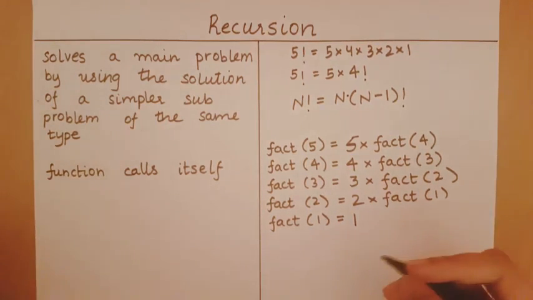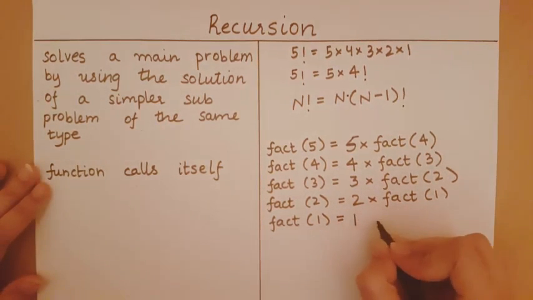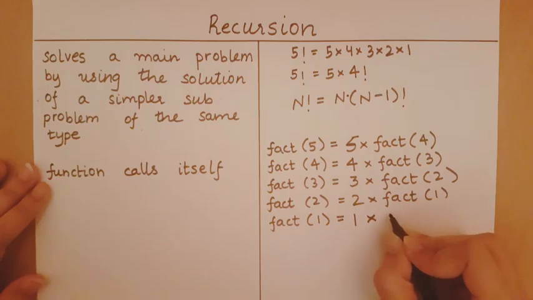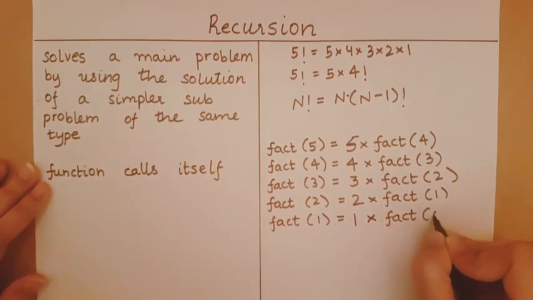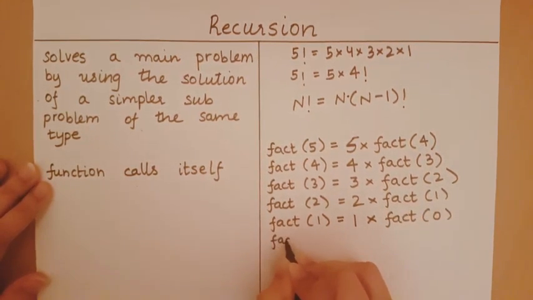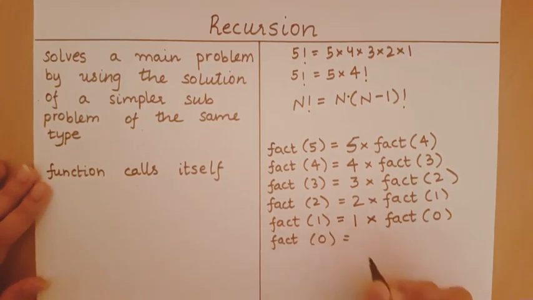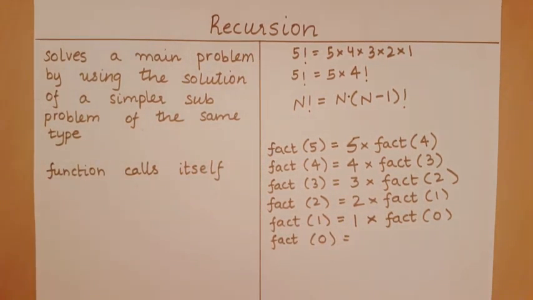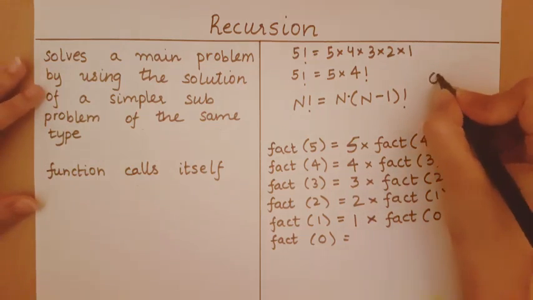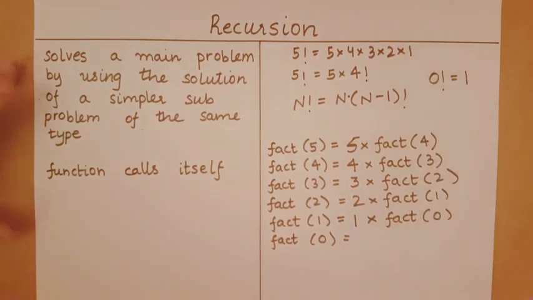Or rather, let's say we go one step further. We say factorial of 1 is equal to 1 into factorial of 0. So now we have reduced it until the point where we have to find factorial of 0. Now we know that factorial of 0 is equal to 1. That's a rule in maths.